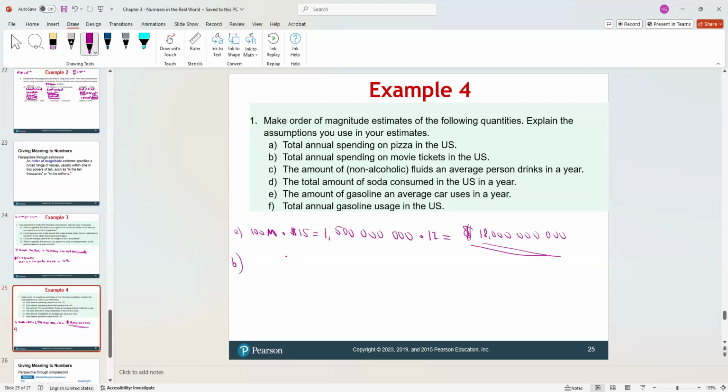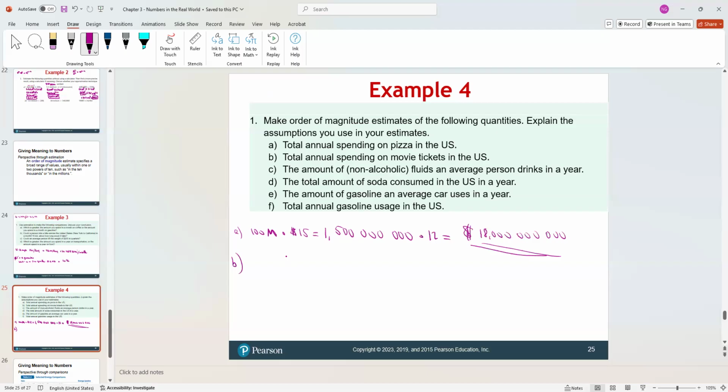As we said, we make order of magnitude estimations. What we say may not be exact, but it gives you an idea. Now, say the total annual spending on movie tickets in the US.